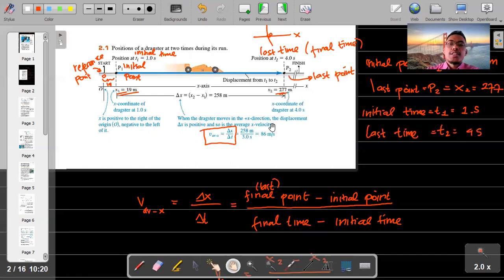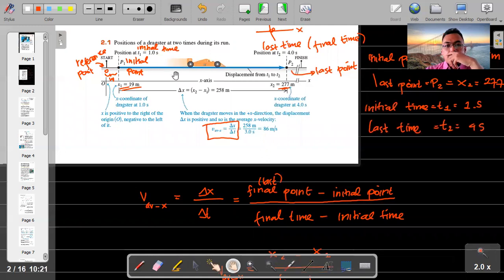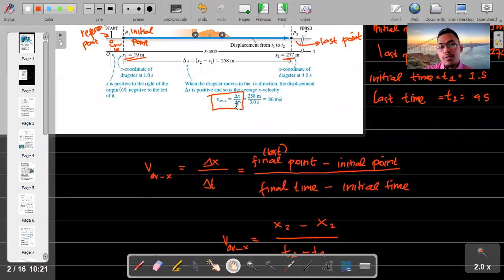You can check it with your calculator, I think this number is correct. So the average velocity of the car from point P1 to point P2 is 86 meters per second. Okay, so this is the concept of average velocity.